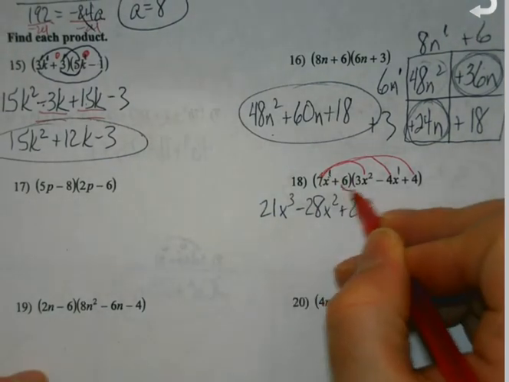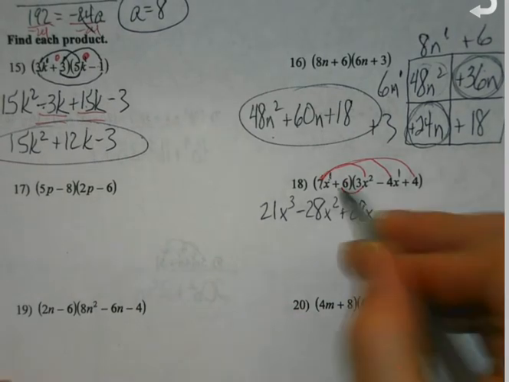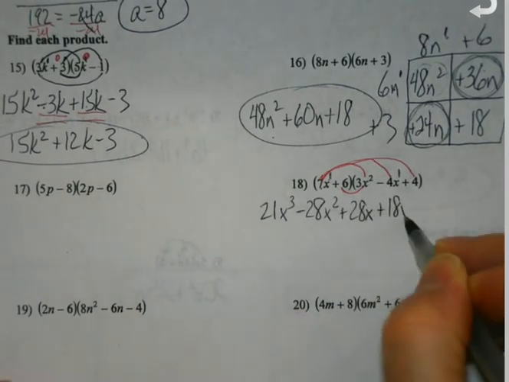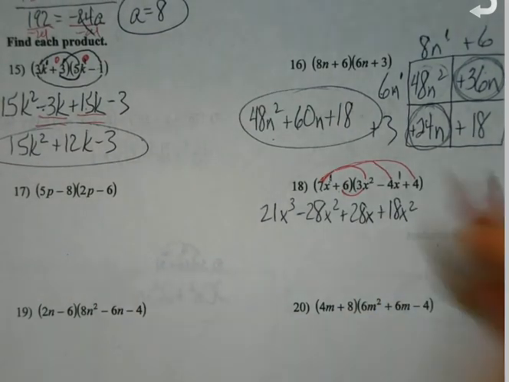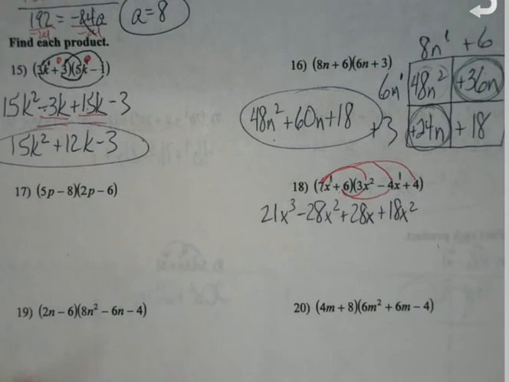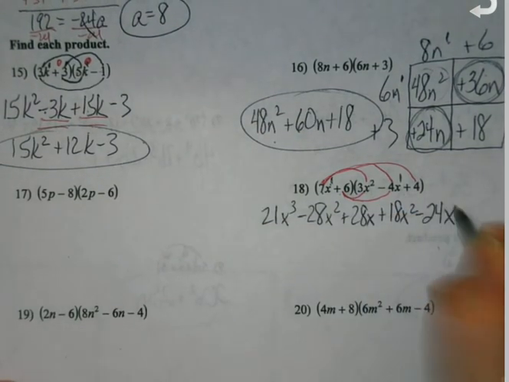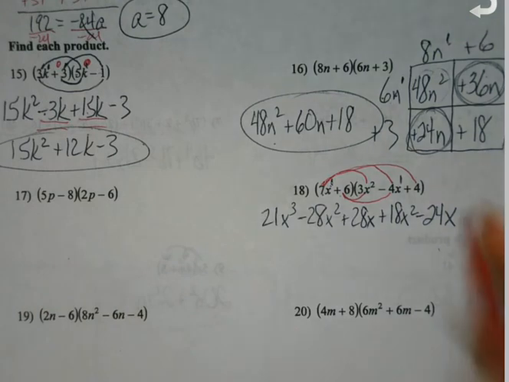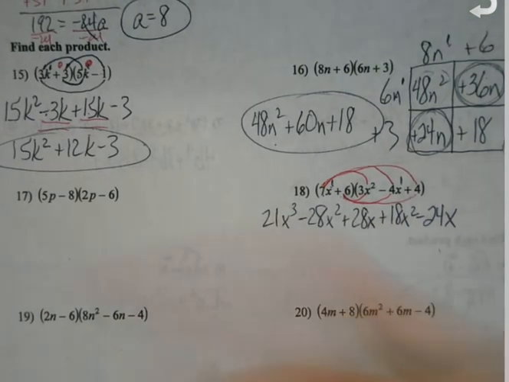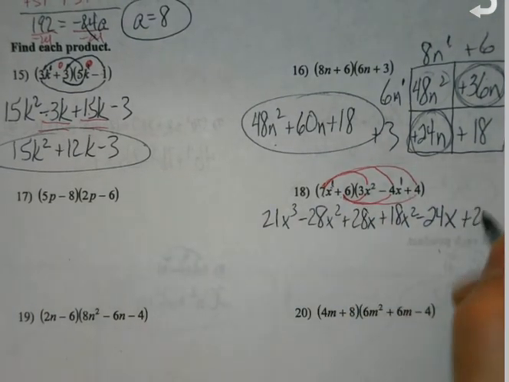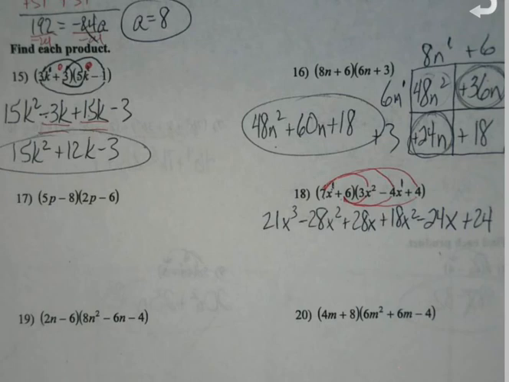So maybe I do it along the bottom here. So 6 times 3 would be 18. There's my x squared. And then I'd go to here. 6 times negative 4 is negative 24. And then 6 times positive 4 is positive 24. And I go back and combine my like terms at the end.